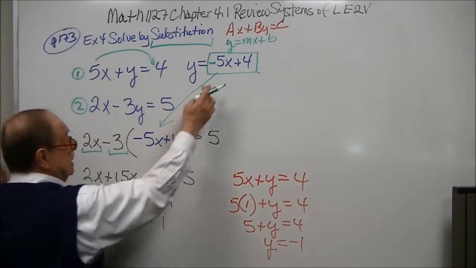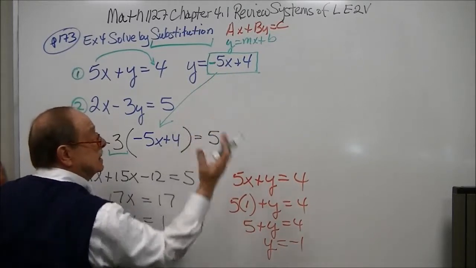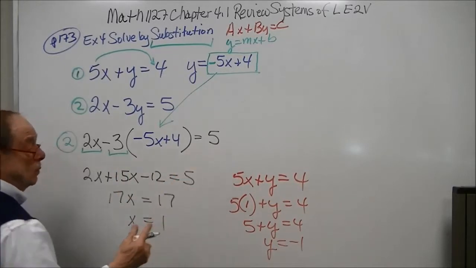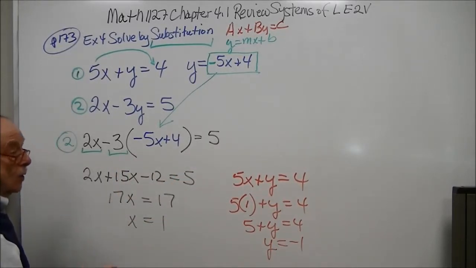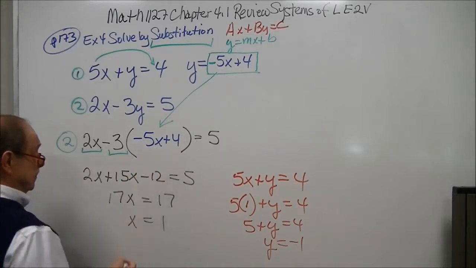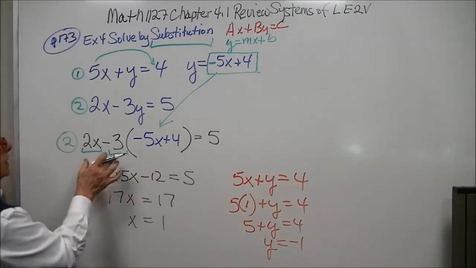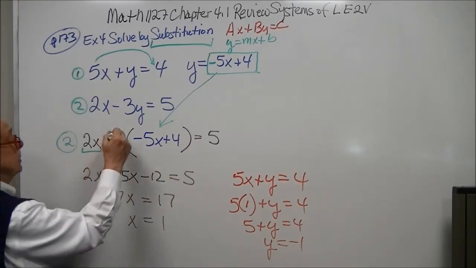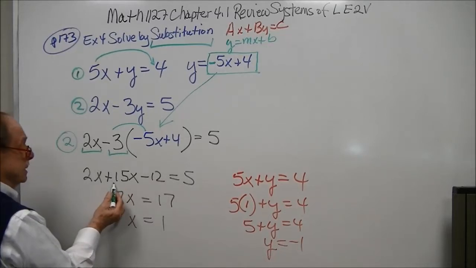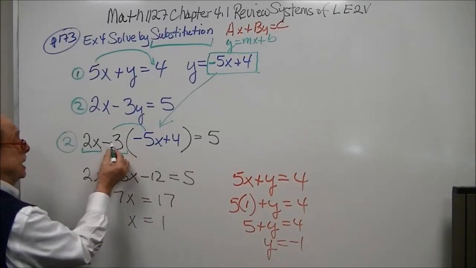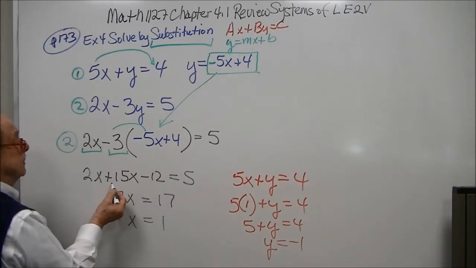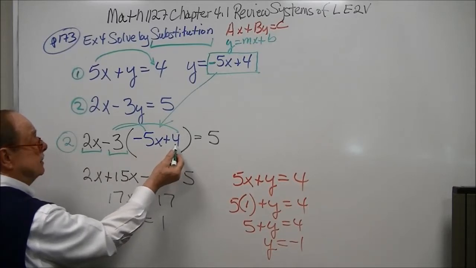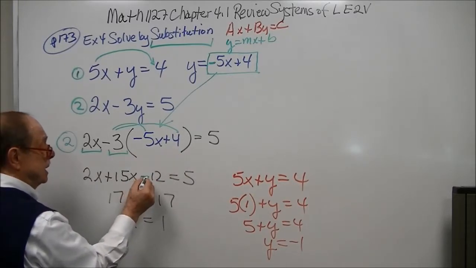But notice, in this value, it's an x, that's the unknown. So we now have an equation with only one unknown letter, x. So we're going to solve for the letter x. That stays the same. We distribute this, get a positive 15x. Negative times a negative gives me a positive. Now I have a -3 times a positive 4 gives me a -12.